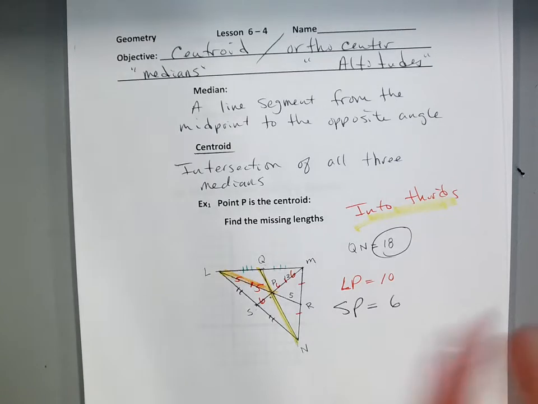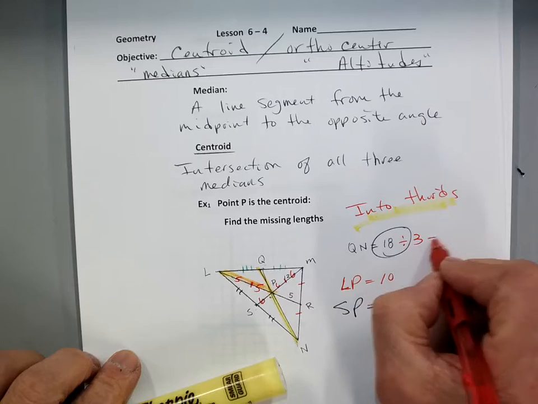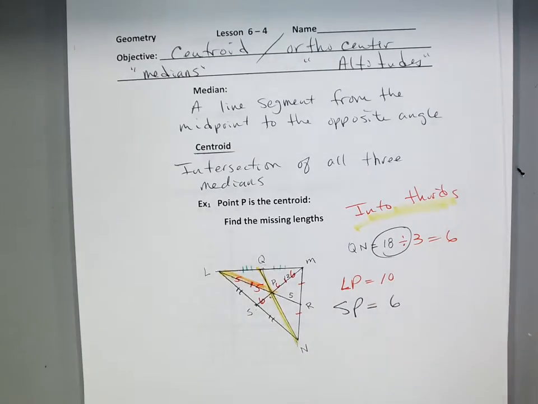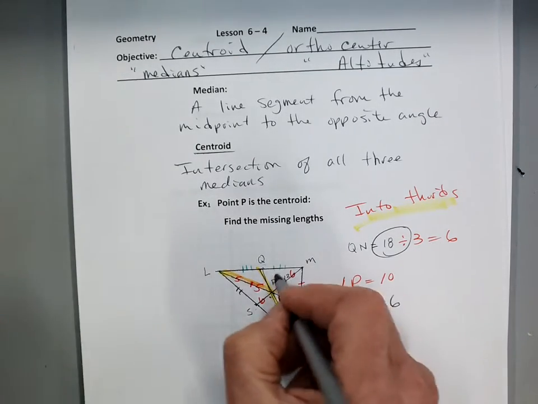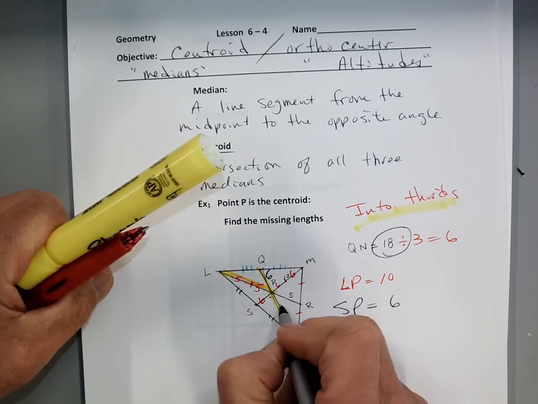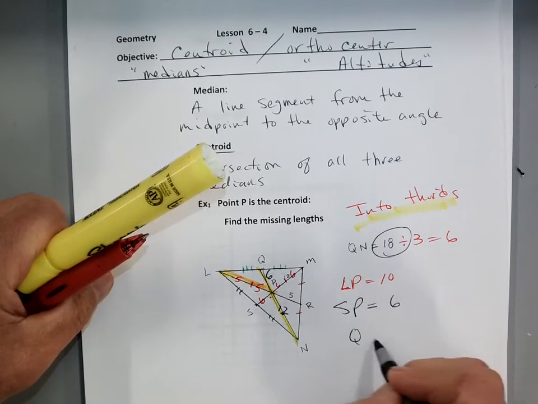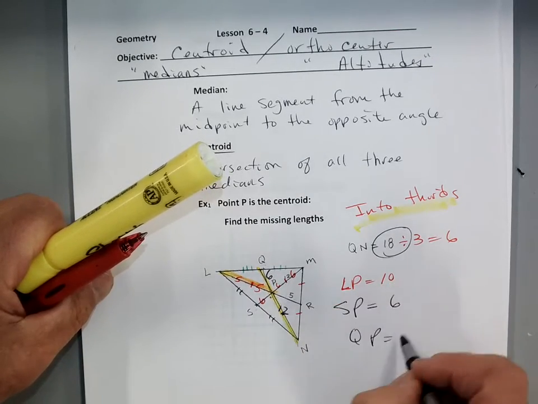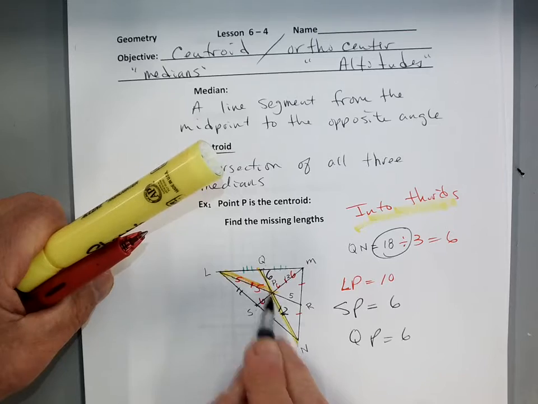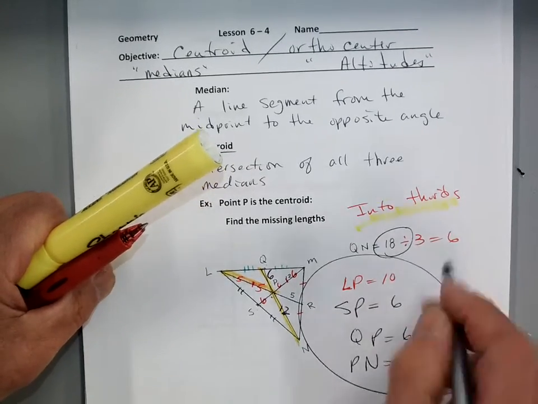Take 18, divide it by 3, take a third of it. I get 6, which means that this piece is 6. This is 6 and this is 6, which makes the whole thing 12. So I can say then that QP is 6 and PN is 12. Okay? All right, let me turn my page.